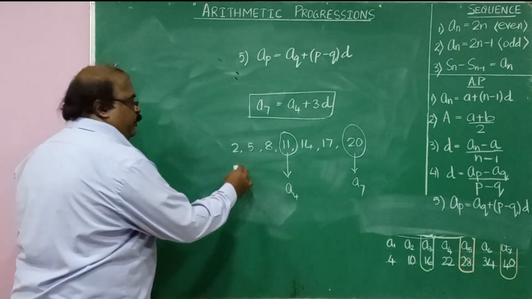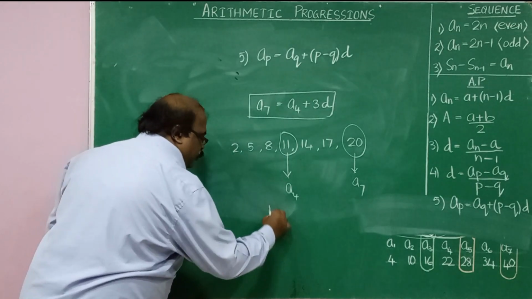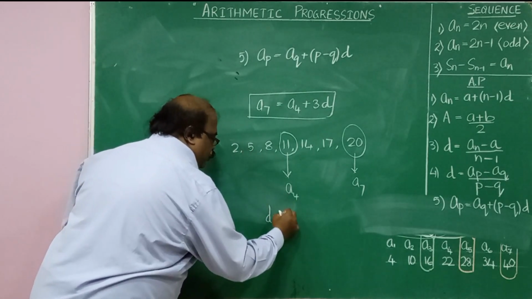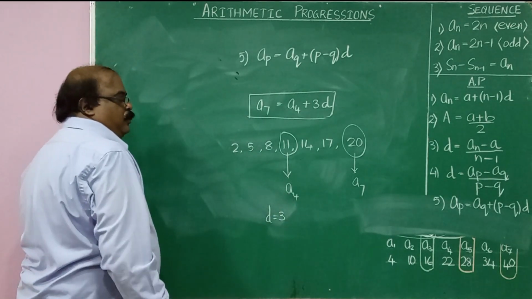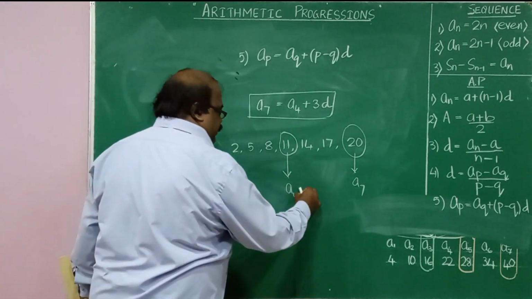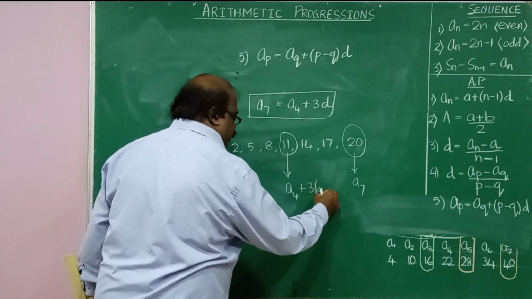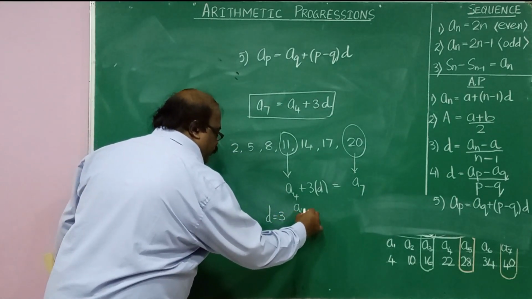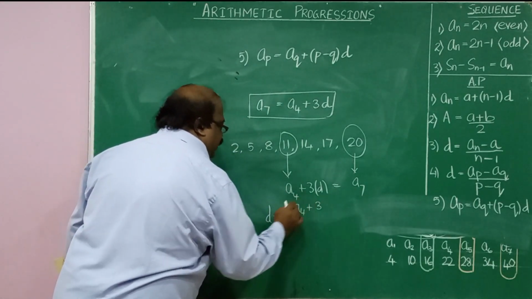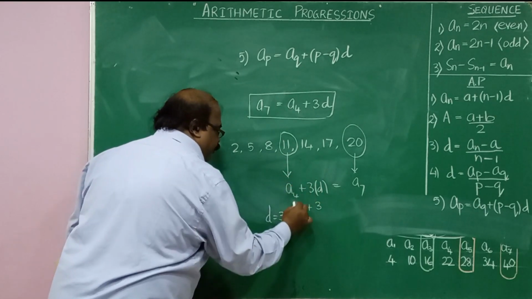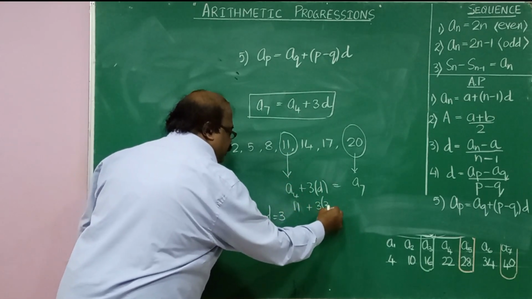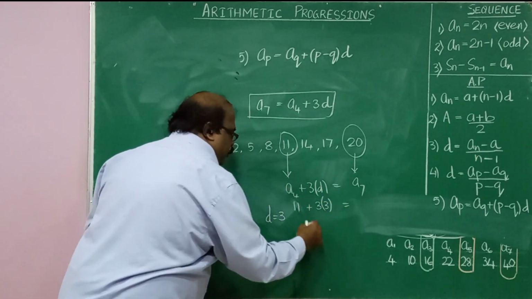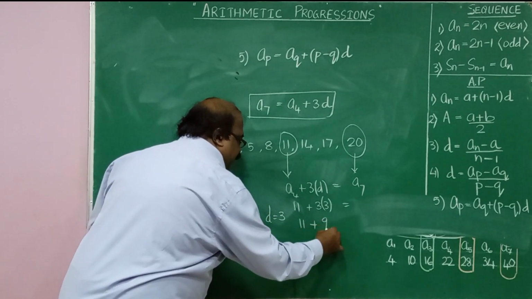Now just check. What is the common difference here? 5 minus 2, 3. I said A4 plus 3D will give you A7. So A4 plus 3 into what is A4? 11. 3 into 3, 11 plus 9.